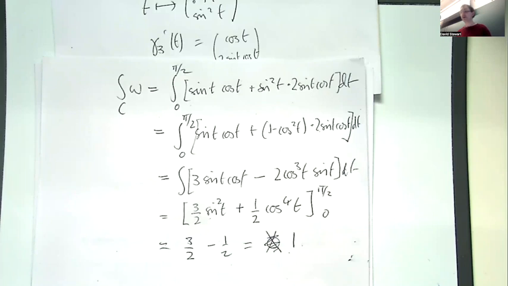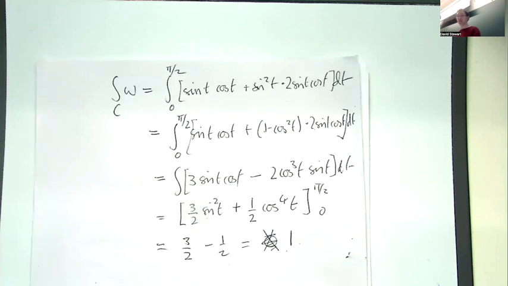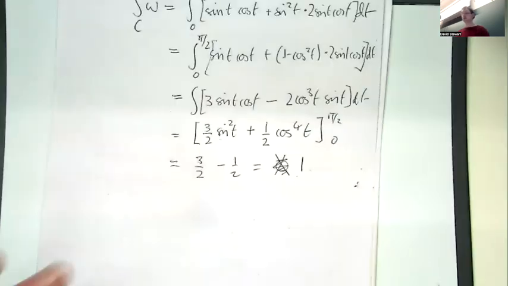So we do get the same outcome with the different parameterizations. As you could see, it was a lot more complicated to integrate along this particular parameterization of the curve, and there's usually a simplest one you can pick, and that is always a good piece of advice.